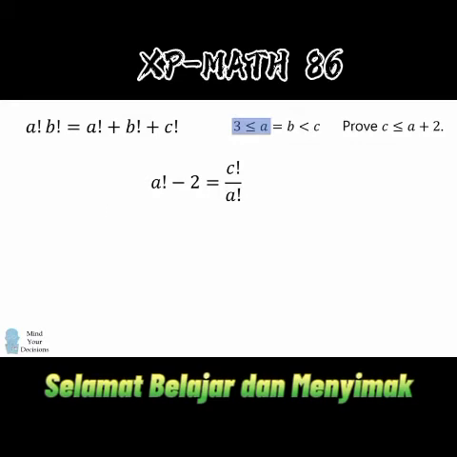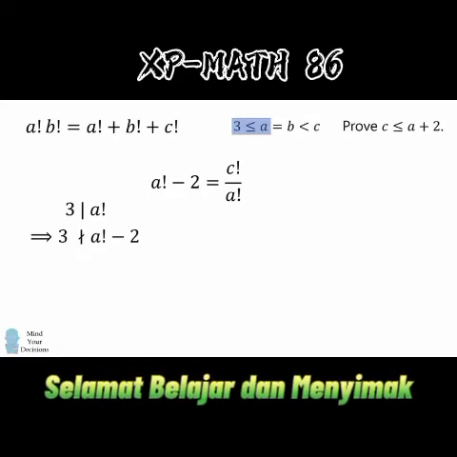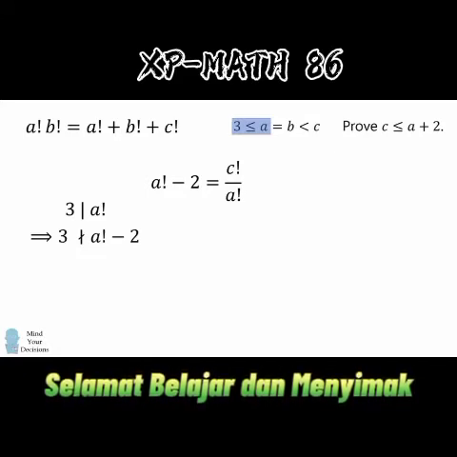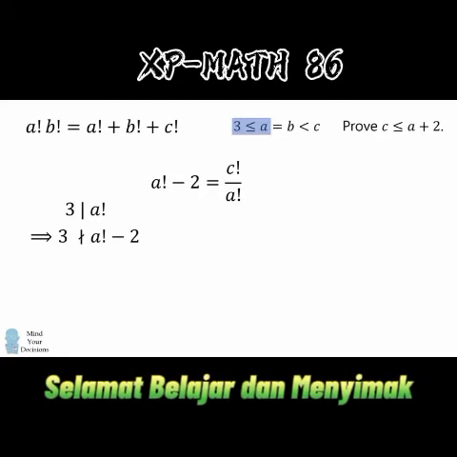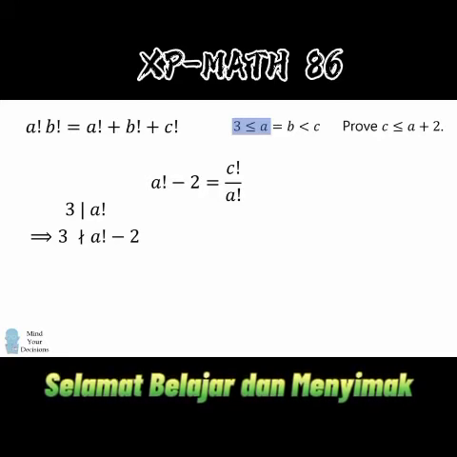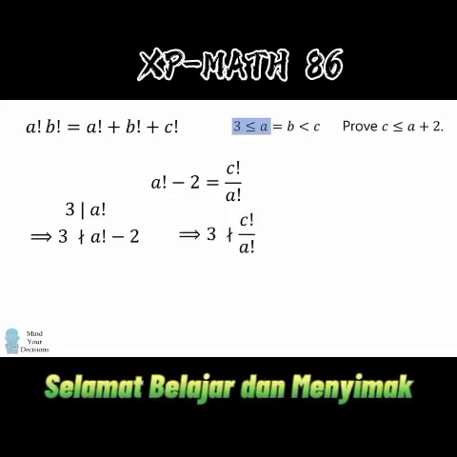Since 3 is less than or equal to a, we know that a factorial is divisible by 3. However, we then know that a factorial minus 2 is not divisible by 3. This is because a factorial is a multiple of 3, and we're subtracting 2 from it. Therefore, 3 does not divide a factorial minus 2, which means 3 cannot divide c factorial over a factorial.